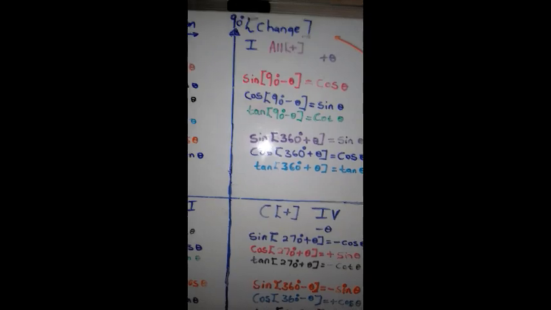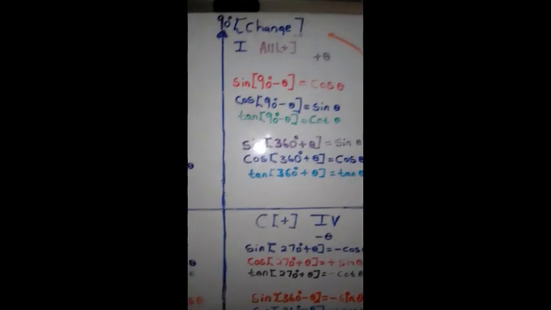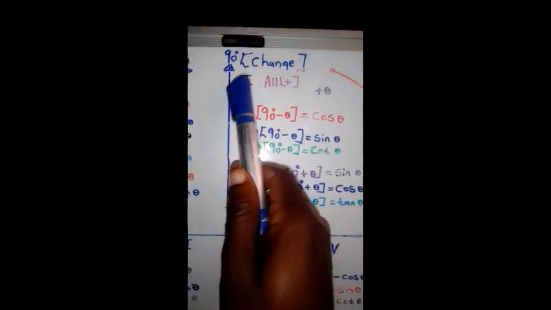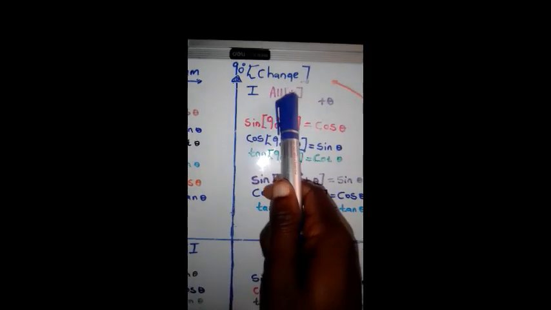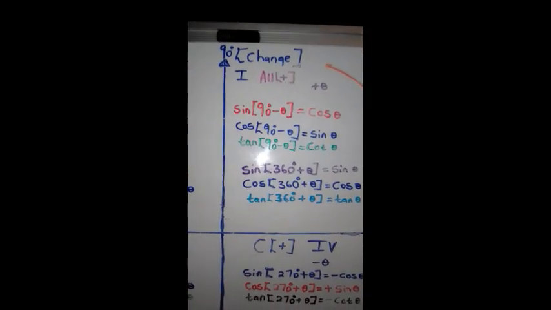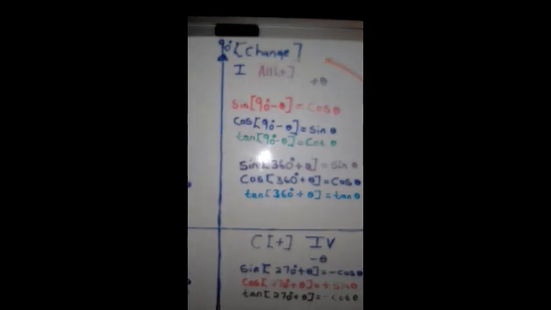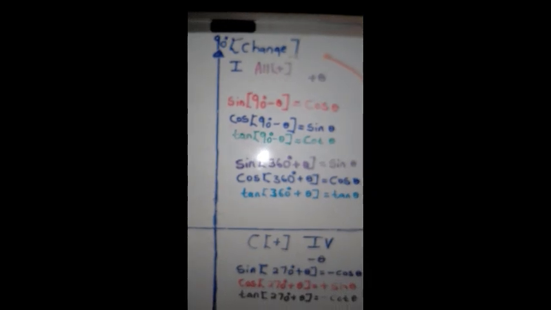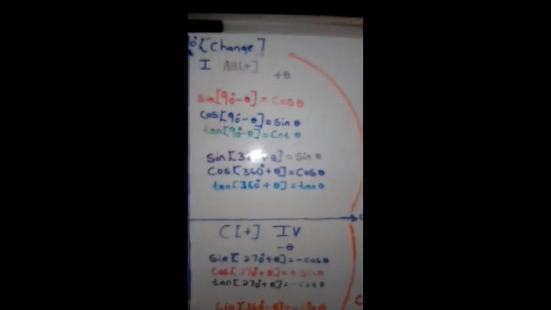Let me tell you something about the trigs, what happens to the trigs. This symbolizes our first quadrant. On the first quadrant, All means all trigonometric ratios are positive, which is why you can't see any negative answer there.